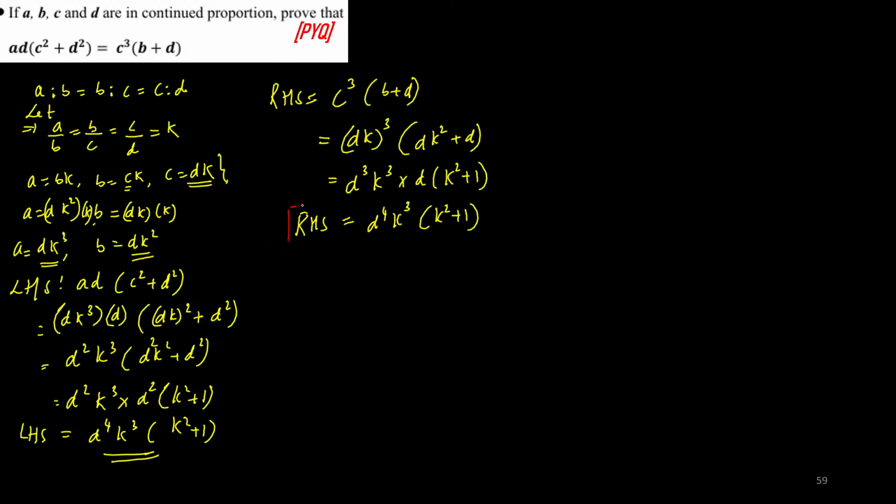Now when I compare the LHS and RHS, they both are d to the power of 4 k cube into k square plus 1. So I can say therefore LHS is equal to RHS.